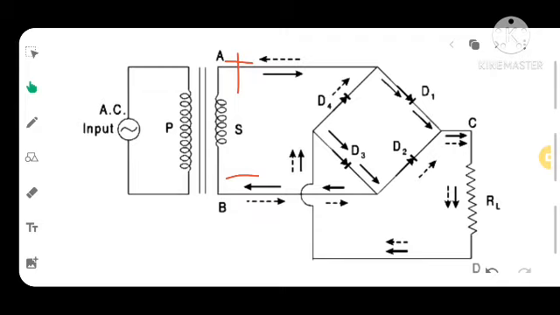And in this case, it is not a center tap type, so we are not using the center tap connection. Due to this, as you can see the positive sign here, the anode of this diode is connected to the positive terminal of the input. So it will be forward biased, so it will be in the on state.